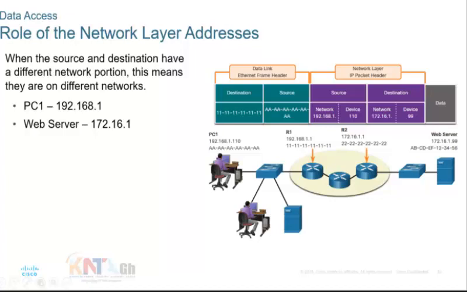Here, PC1 and this one may be on the same network, but PC1 and the server are on different networks. So PC1 has a source IP address of 192.168.1.110, and a destination address of 172.16.1, which means that this server is on a different network from this particular source IP address.